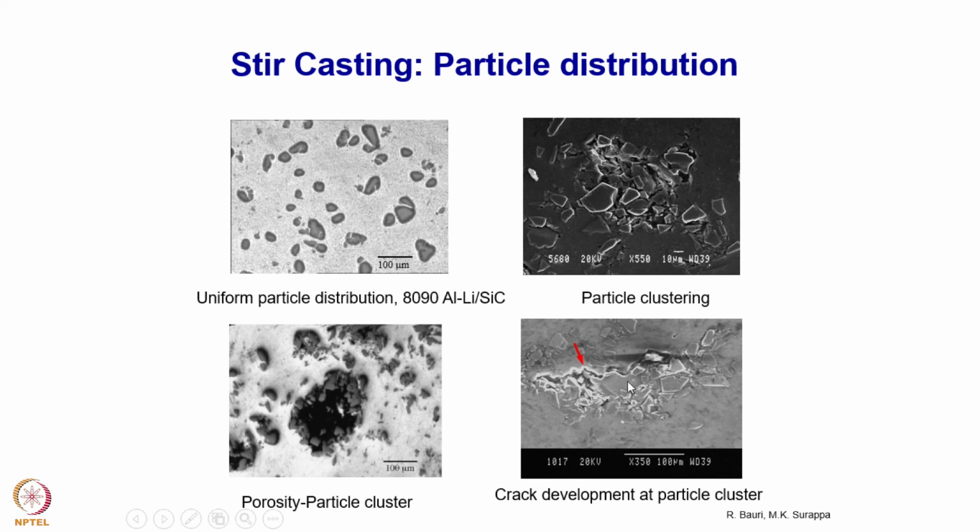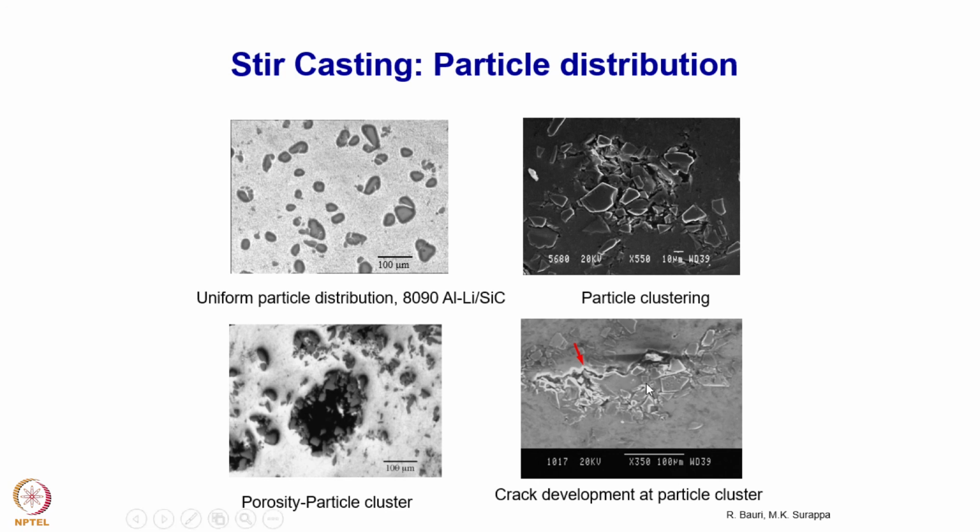For example, on this micrograph, you can see a crack which has nucleated near the particle cluster. These particle clusters can serve as stress concentration sites, and the crack can nucleate easily along those sites, and that will lead to an early fracture, and therefore the strength and the ductility of the material will be adversely affected, right?